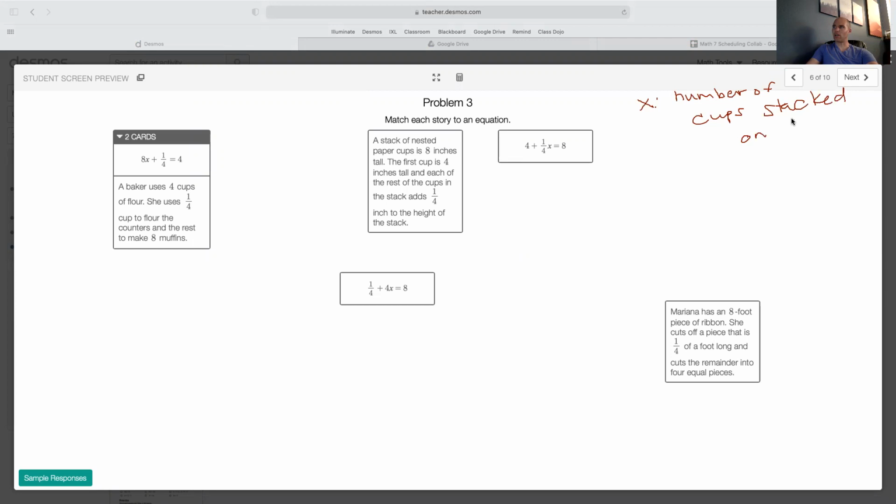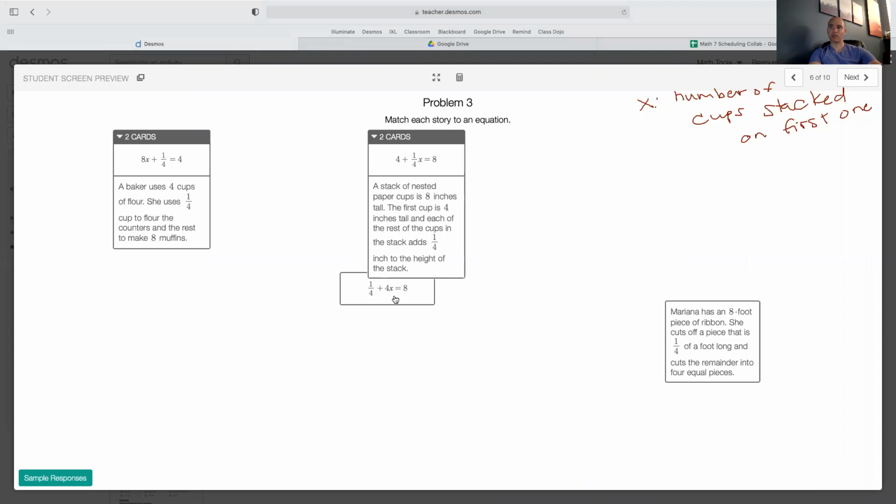So the second cup and beyond are all represented by X in this case. And so if you look at the equation here, it says 1/4 times X, right? Which is what we want, 1/4 of an inch multiplied by however many cups that is until we get to the total of 8 inches, which is on the other side of the equal sign. So that's what we want.